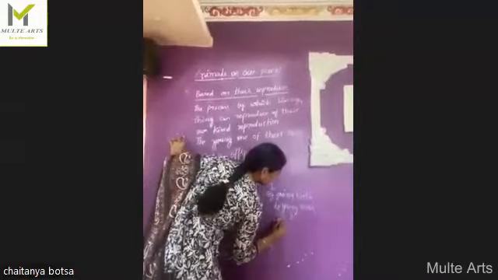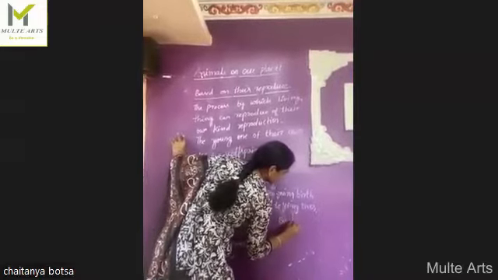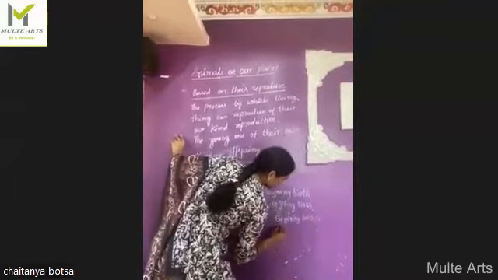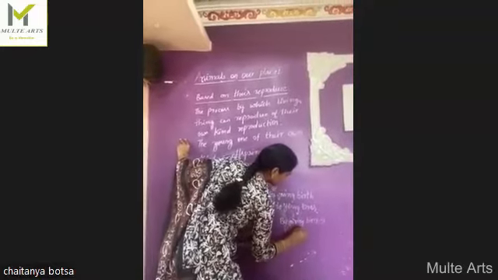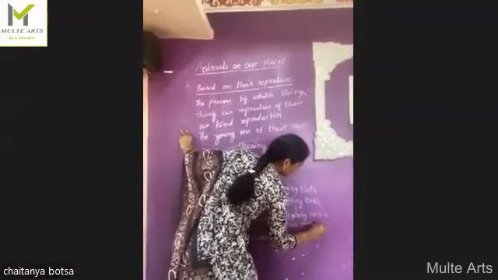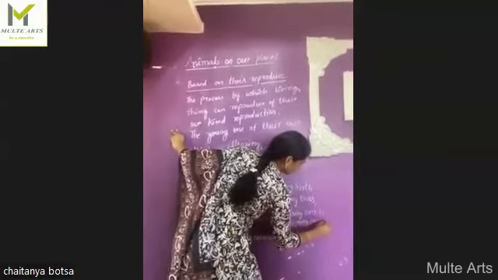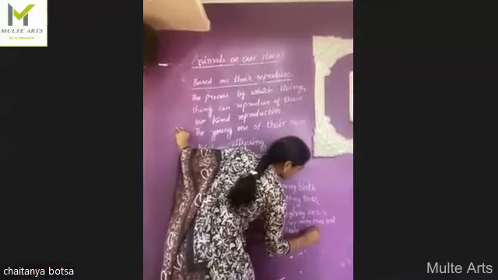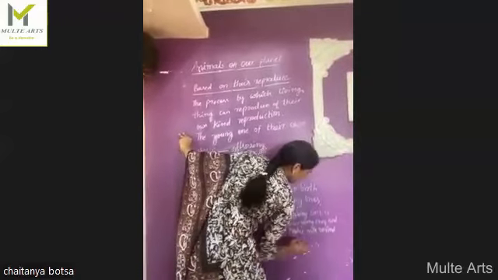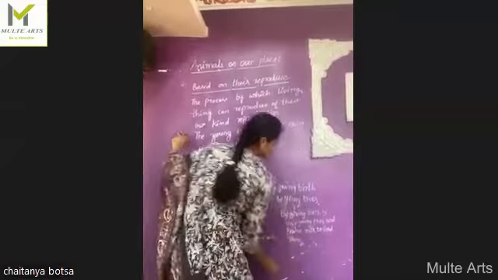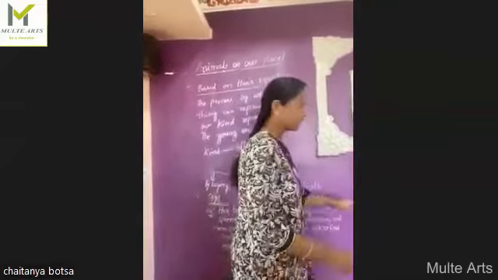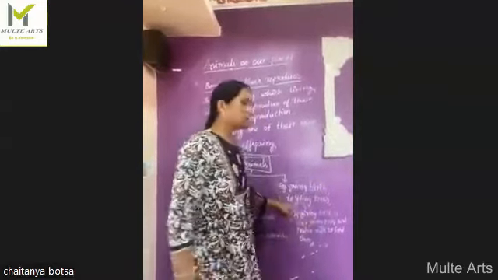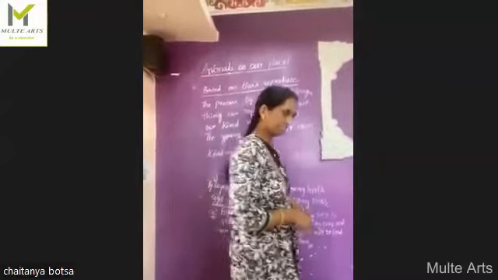Animals that give birth to their young ones and produce milk to feed them, we call them mammals. Examples: elephant, lion, tiger, dog, cat.